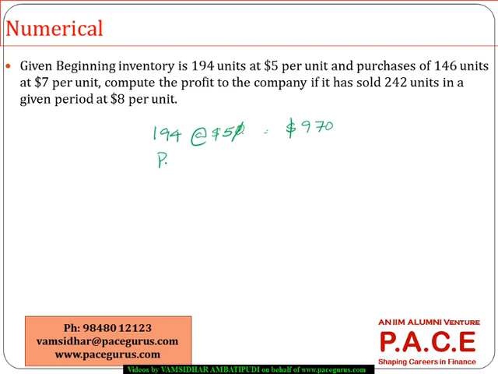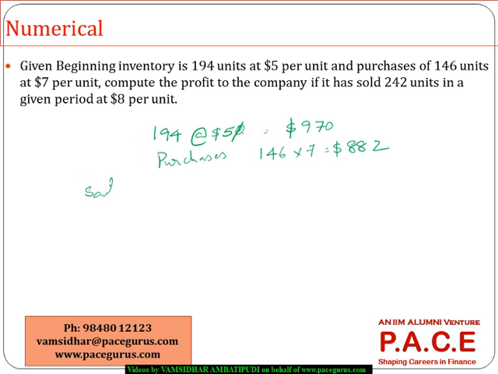So purchases during the year: 146 units at $7 per unit, $882. Alright, compute the profit to the company.